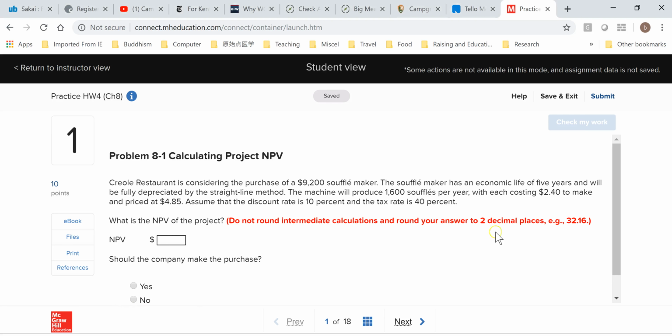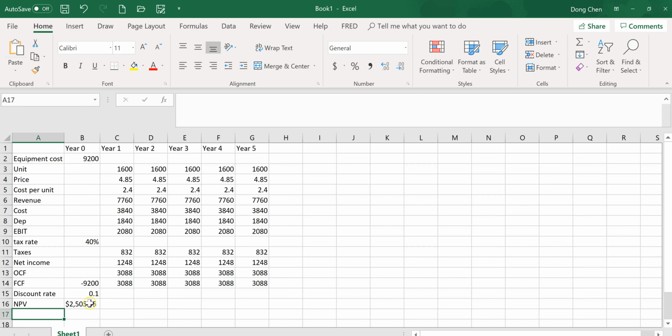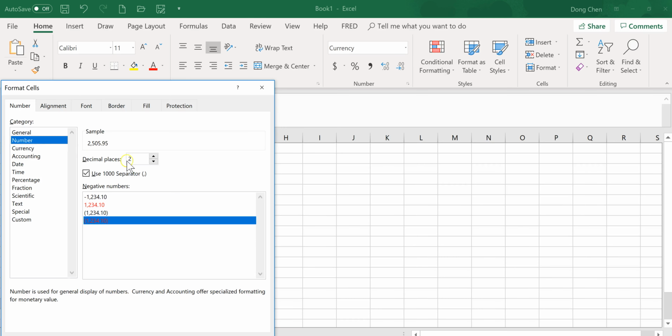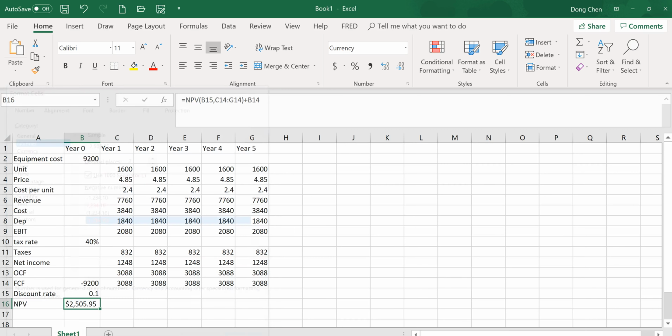And you can see that this also automatically meets the requirement. Sometimes if this is not 2 decimal places, you can just format cells and change the number to keep 2 decimal places to be consistent with the rounding requirement.